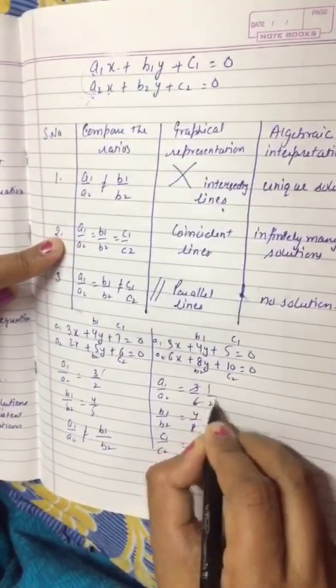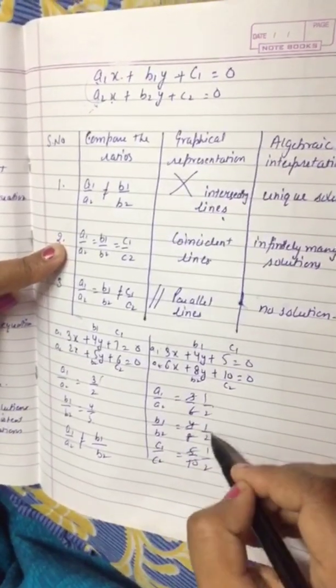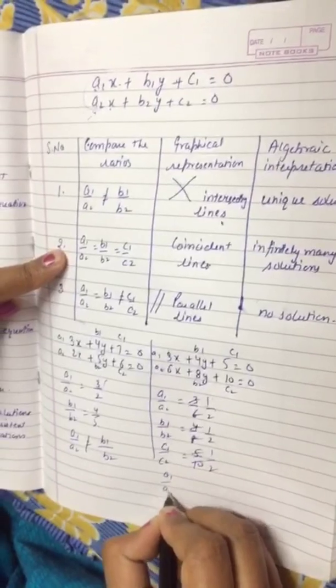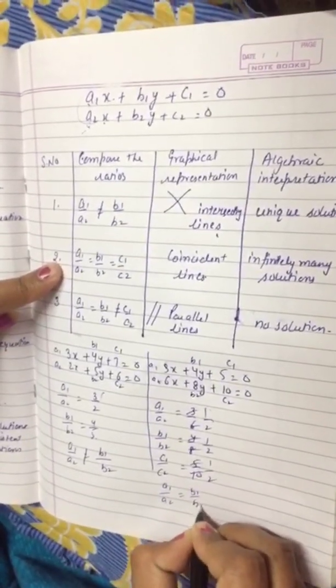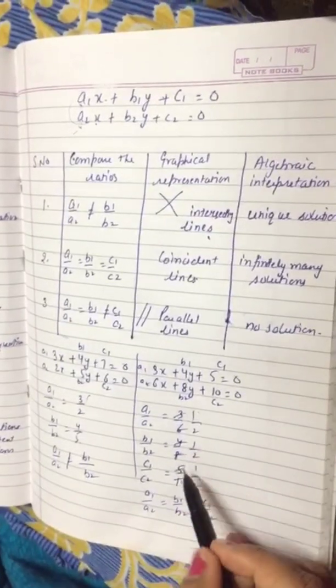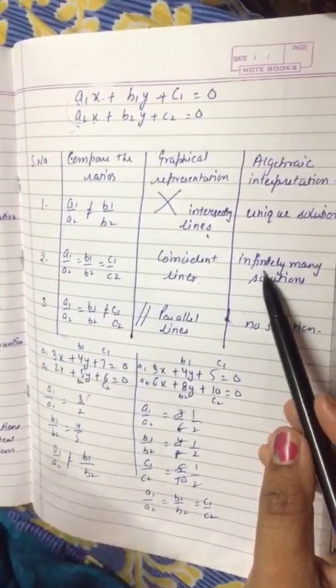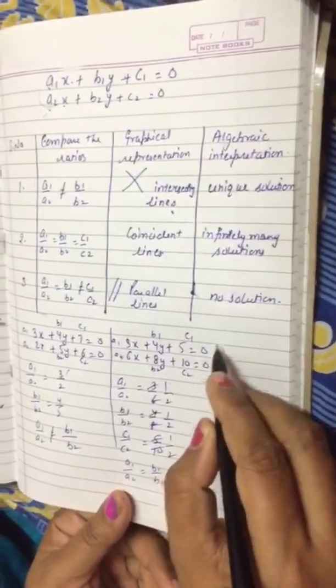After cutting we get 1 by 2, 1 by 2, and 1 by 2. All three ratios are equal, all the ratios are 1 by 2. So we can say that these are coincident lines, and they have infinitely many solutions.